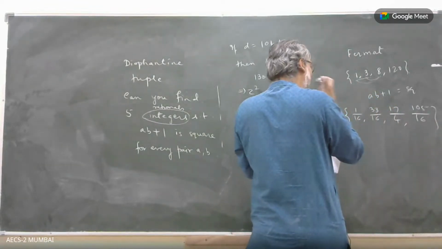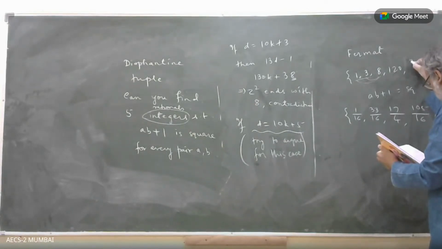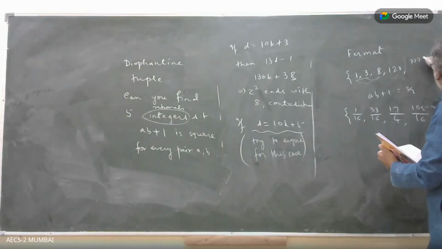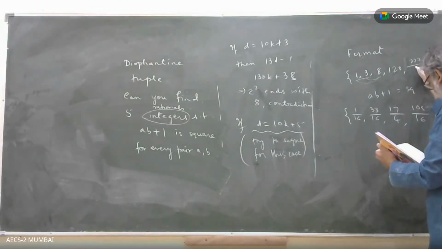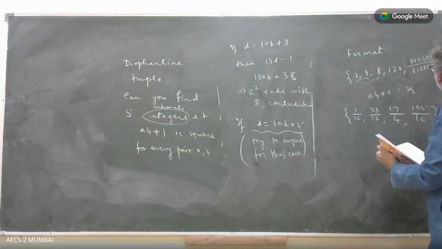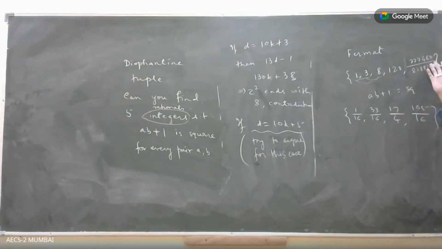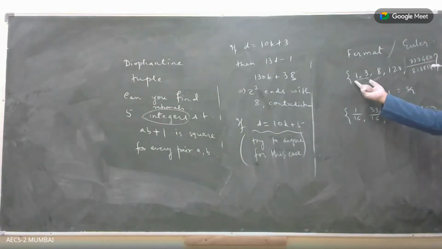Sorry, this is for 4, and in fact, Euler extended this set with a rational for the fifth number. So if you take these 5 numbers, of course, one of them is not an integer, it is rational. Then you take any product plus 1, and you can show that it's a perfect square, some rational number.